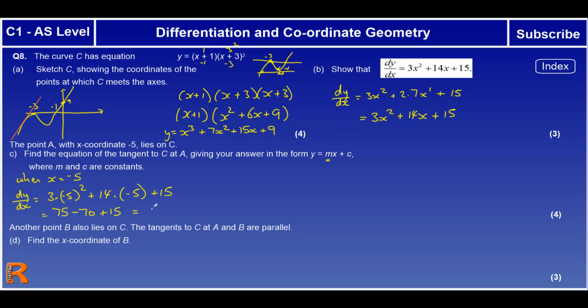When we do all that, we get 20. So the gradient is 20, so we know y equals 20x plus something.